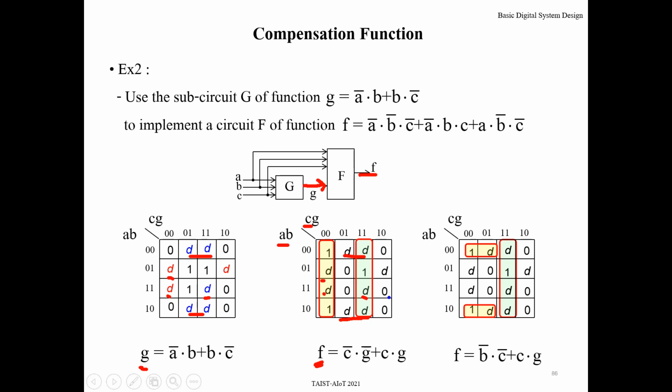Based on this function, it will be 1 when A, B, C is 0, 0, 0. We want it here.